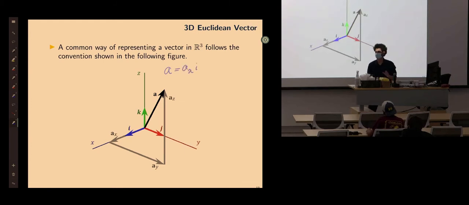I means the length of that vector is 1. It's just a direction. Sometimes people write it like this as well, right? It's along the direction I with the magnitude A subscript X, plus A subscript Y J plus A subscript Z K, okay?